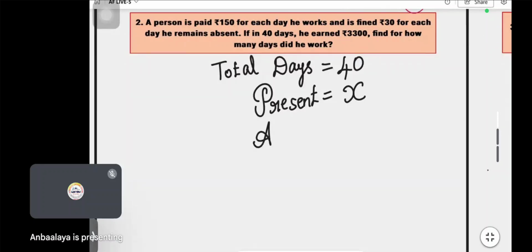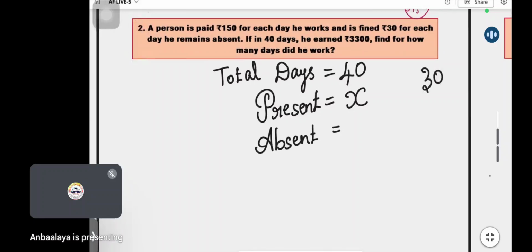If you are going to school, one month has 30 days. In 30 days, you went to school for 25 days.